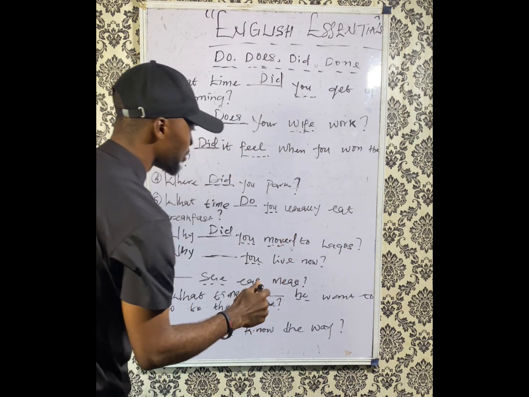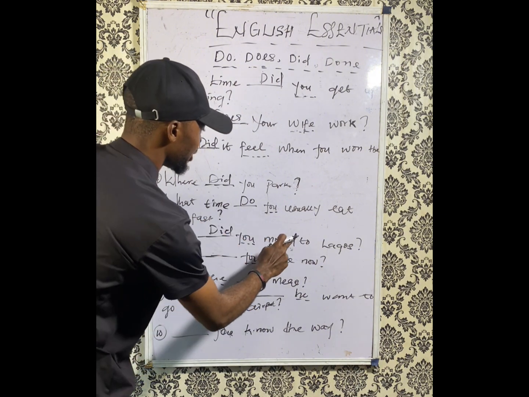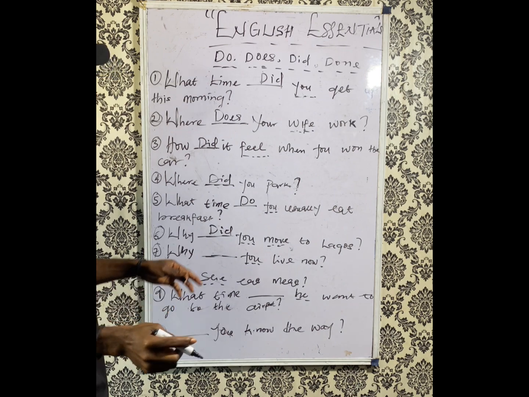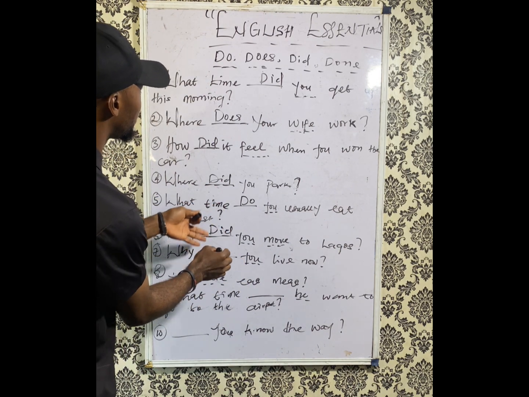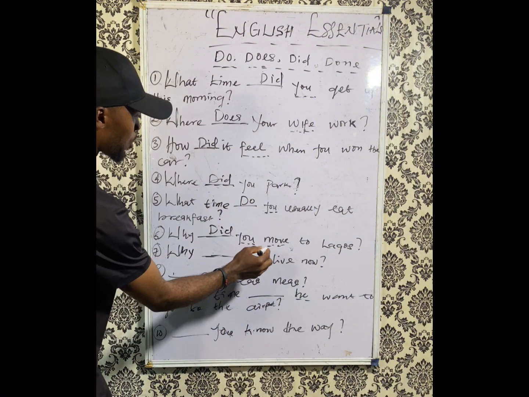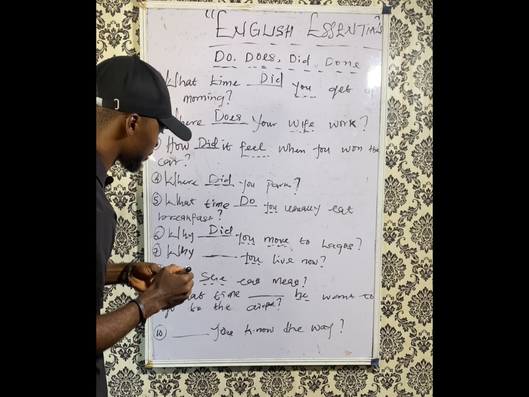Because someone will say, but she has gone to Lagos, it's supposed to be moved. No, it's move because of the law that is involved. Anytime you see the word did, does, do or done, the verb that will come after it must be in present form, not in past form.